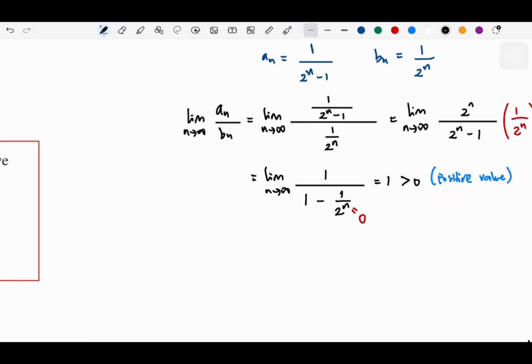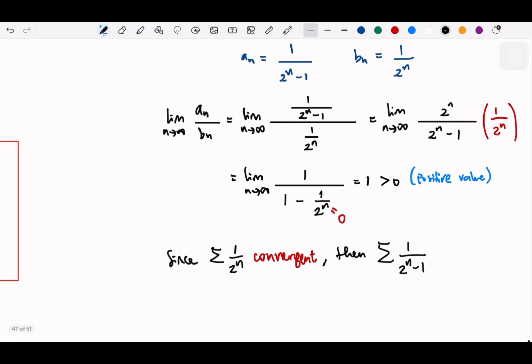And since it's convergent, then also convergent by limit comparison test.